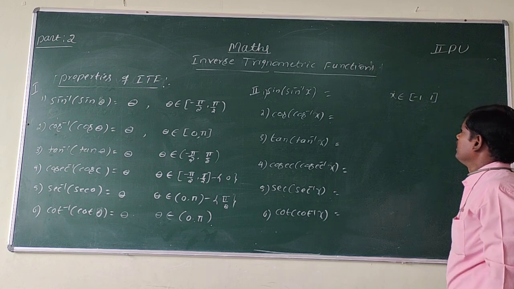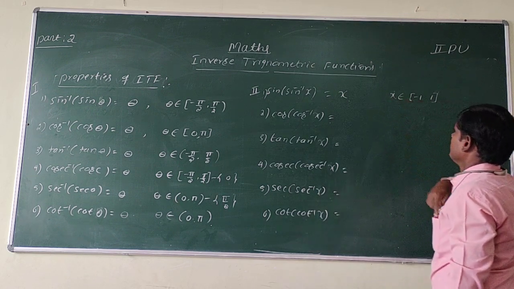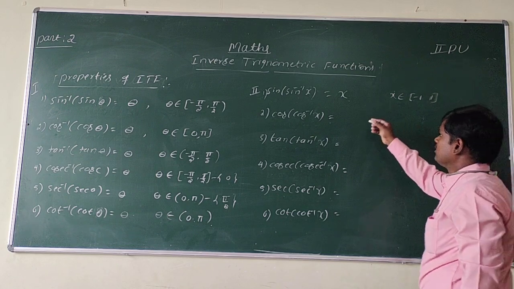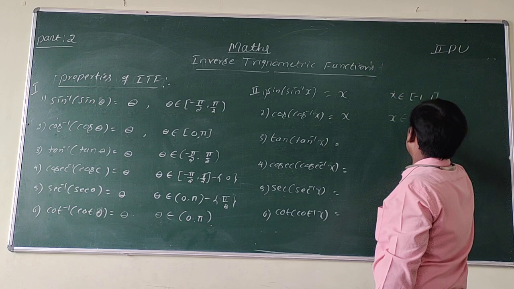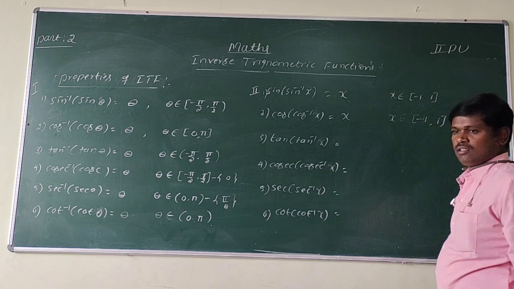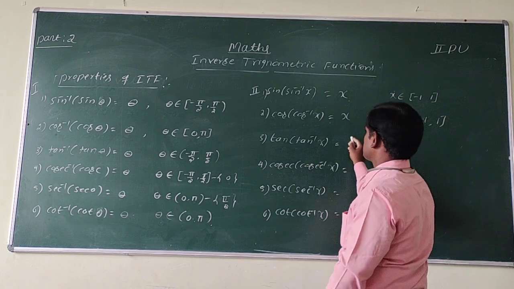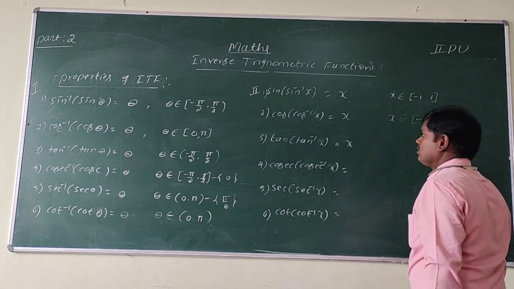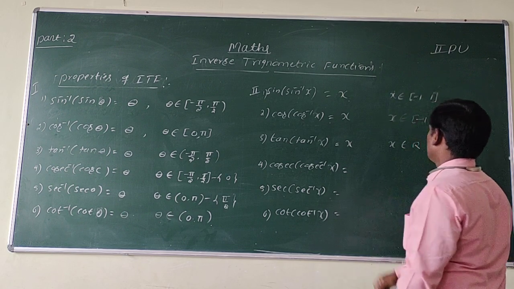And here also this is x when x lies in the interval -1 to 1, and this is also x, in the range of cos inverse of x. So tan inverse of x is also x if the value of x belongs to R.